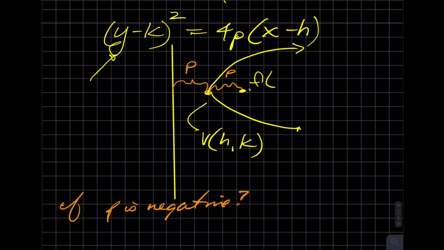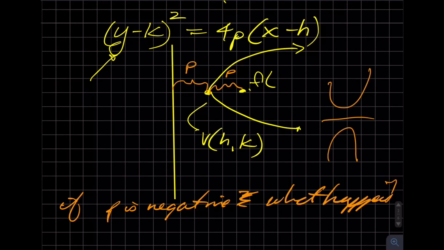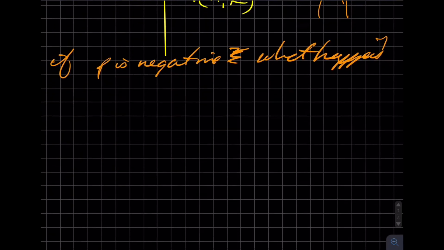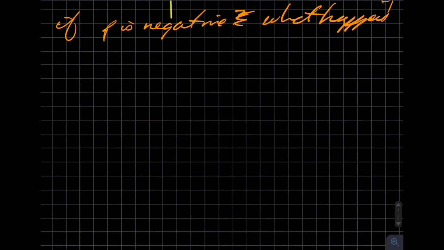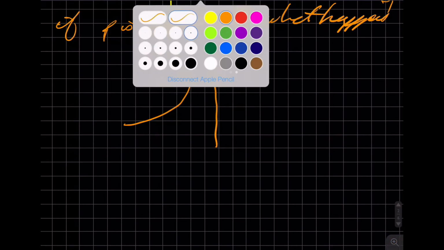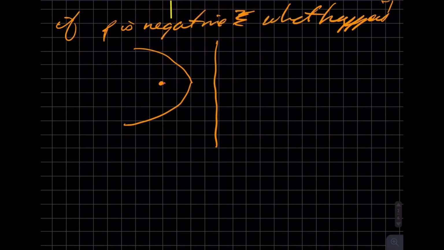What happens? Hopefully you're saying that, well, if the negative p took our vertical one and made it upside down, inverted, then it'll take my right-handed horizontal parabola and make it left-handed. And that is the case. If p is negative, we get this left-handed parabola where this distance is still p, this distance is still p.